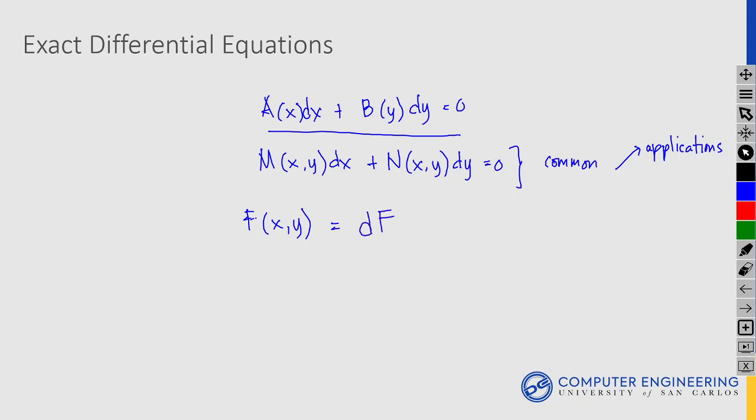If this is an arbitrary function, we don't know exactly what this is, but if we differentiate it, we will get M dx plus N dy. So we're trying to guess a solution based on this assumption. Now, for this to be true, it means that f of x and y should also be equivalent to a constant. Diba? Naamagid na siya.